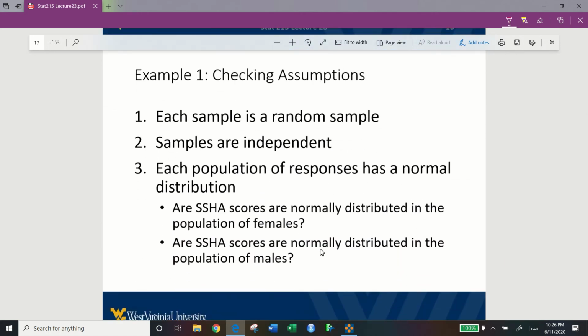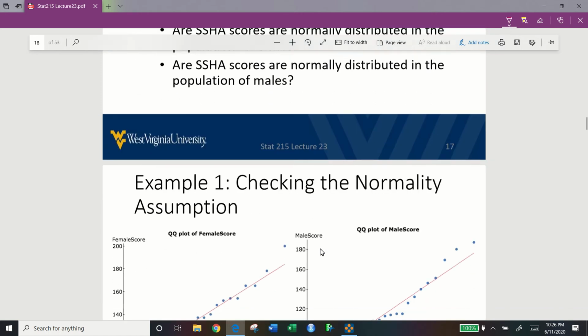Next, we can check our assumptions. In the problem, it stated that each sample was a random sample, and obviously, our samples are independent. Now we need to consider whether each population of responses has a normal distribution, meaning, are the SSHA scores normally distributed in the population of females and in males?